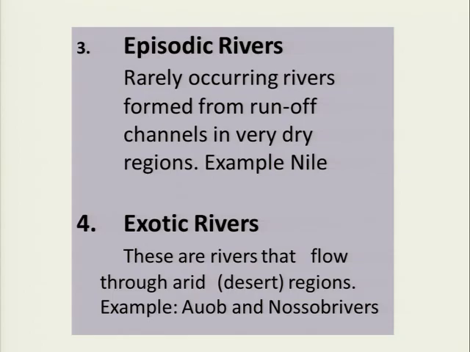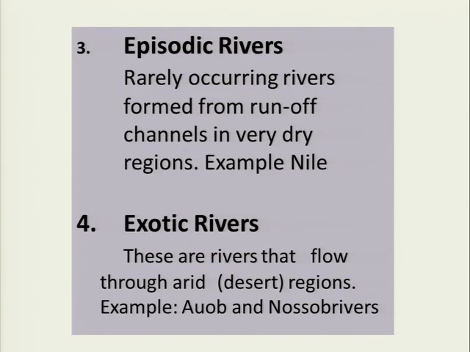Now, an episodic river rarely occurs. It is formed from the runoff of channels in very dry regions. Okay, so an example can be the Nile River. As I told you, an example can also be the Buffels River in South Africa, although we do not have many episodic rivers in South Africa.